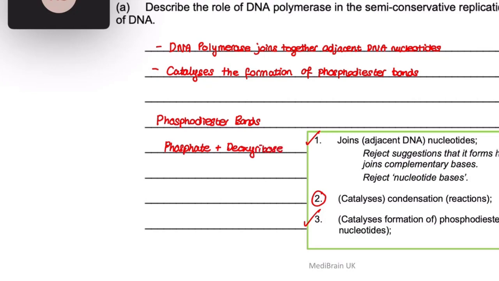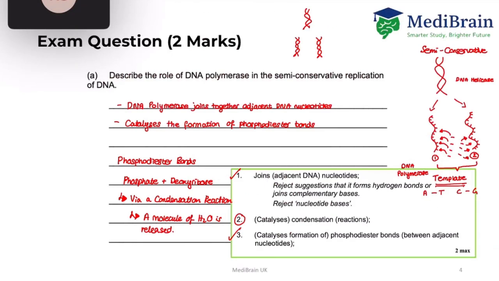This happens via a condensation reaction, and in each condensation reaction, a molecule of water is released. So a molecule of water is released in the process. That's basically what happens when phosphodiester bonds are forming.